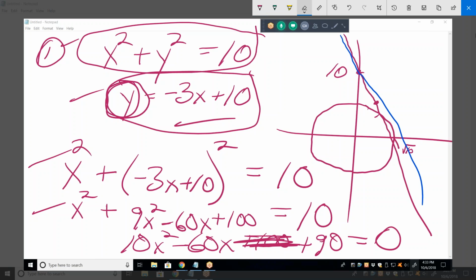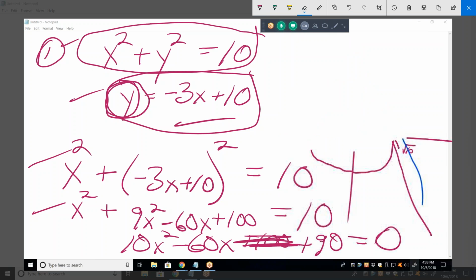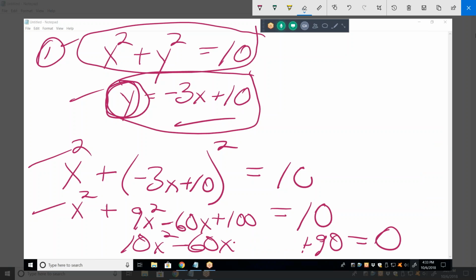Now let me make a little bit of space here. Remember that picture. I'm going to draw that picture again once we've solved it. Because if I can solve this, I've got a solution. That means those two lines do intersect. Well, how do I solve that?